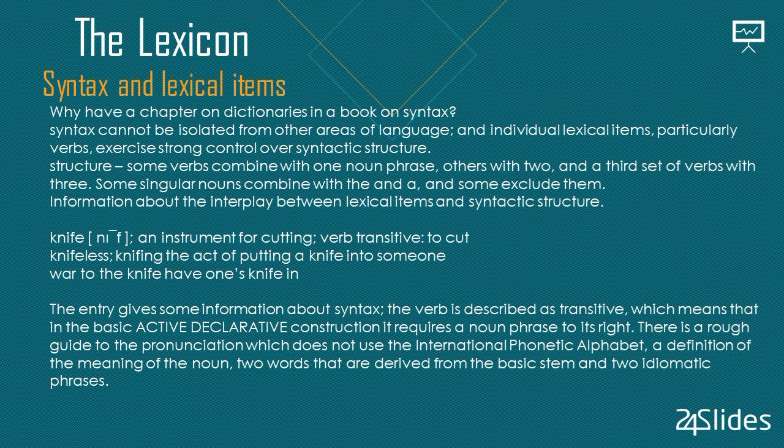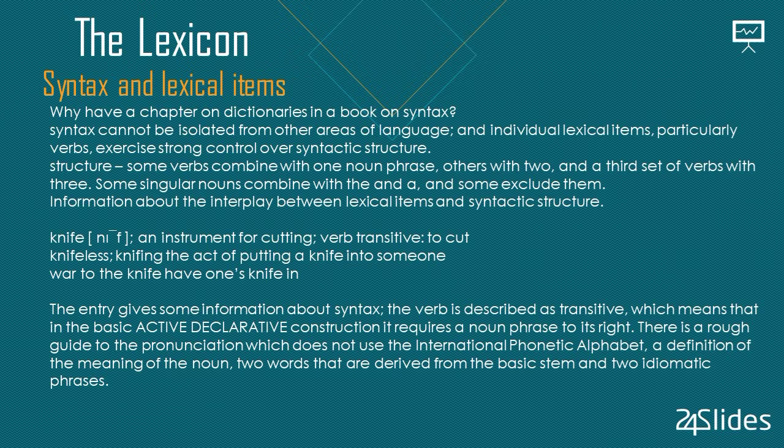The example: knife, an instrument for cutting. Verb, transitive: to cut. Knifeless. Knifing: the act of putting a knife into someone. Where to the knife: have one's knife in. The entry gives some information about syntax.